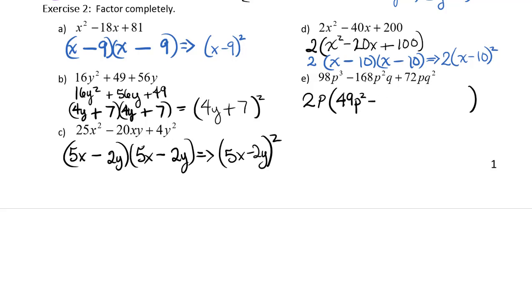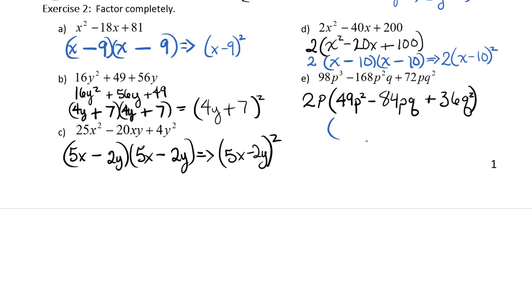And then 168 divided by 2 would be 84pq. And then 72 divided by 2 would give me 36q squared.